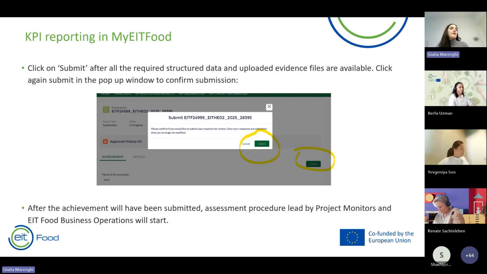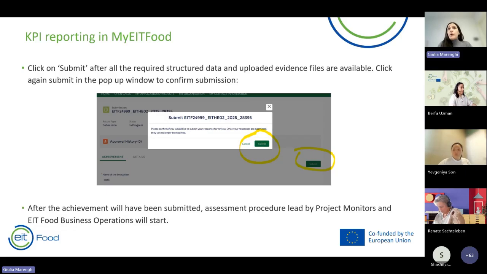After you have submitted all the structured data and supporting evidence files if required, it will then be possible to submit. You will find the submit button on the top right corner of the achievement form. You will be asked to confirm the submission again, as you can see by this pop-up window.